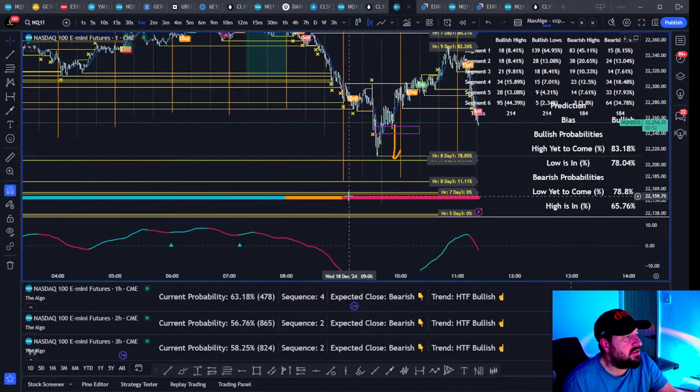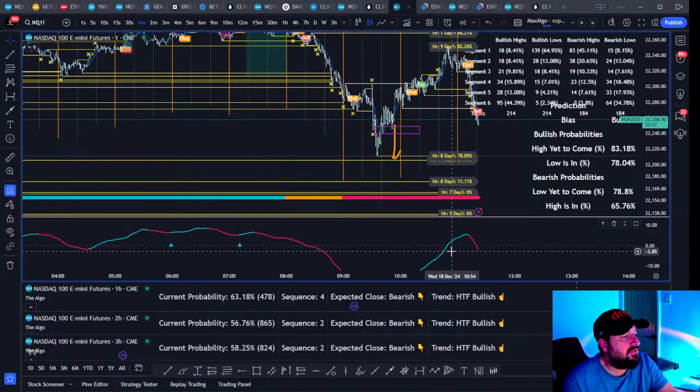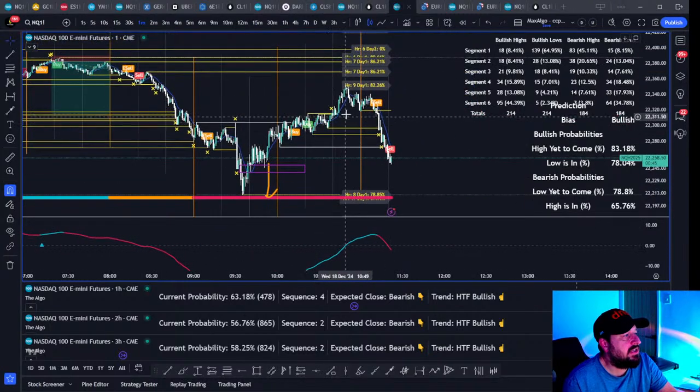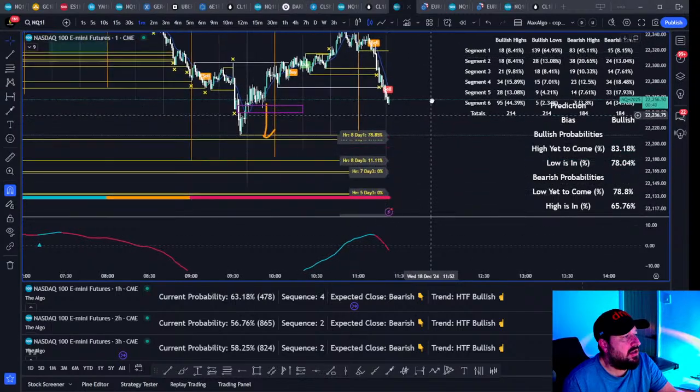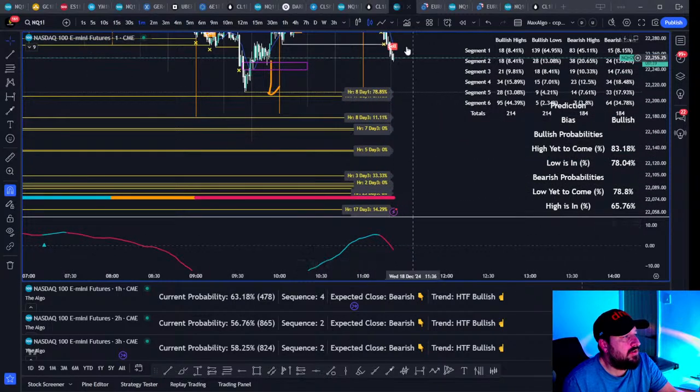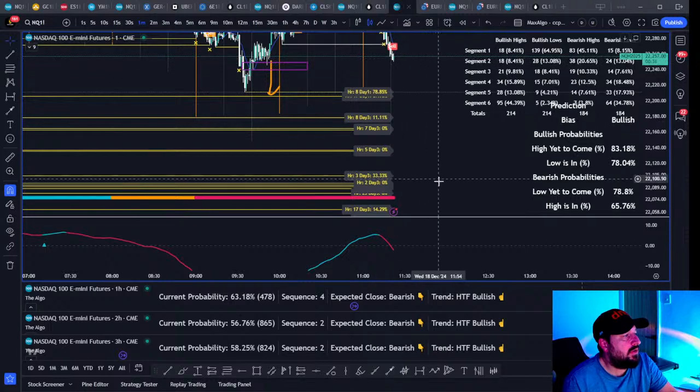NQ has transitioned, gone bearish, struggled to come up. Yes, we came above that open line, but didn't get that volatility kicking in to take the liquidity, and are now going back under, meaning true direction, more likely that we're going to come and take this low.